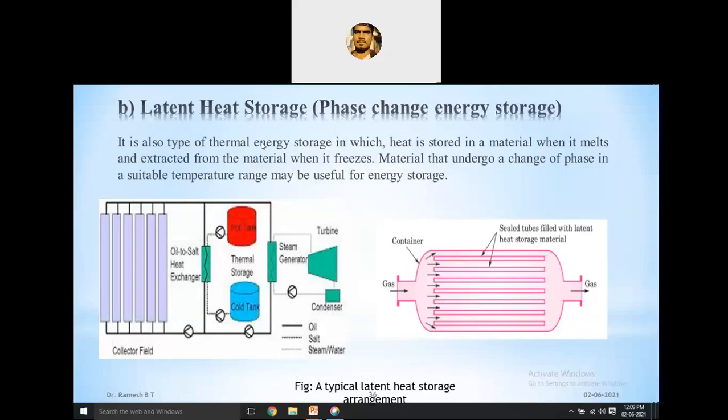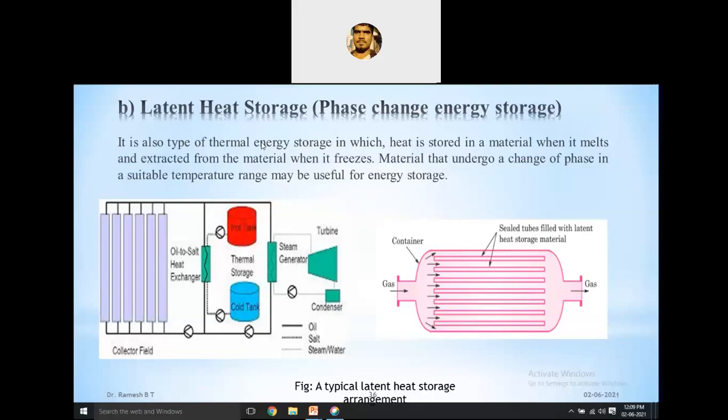A small volume change during the phase change means it will absorb more heat while changing very little. That is the best property of a substance. And the material should have a high thermal conductivity. That is the most important thing.